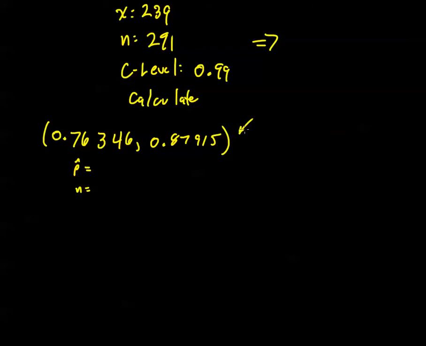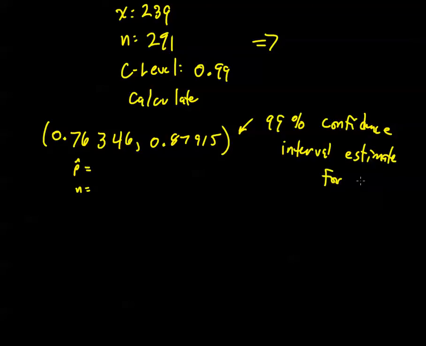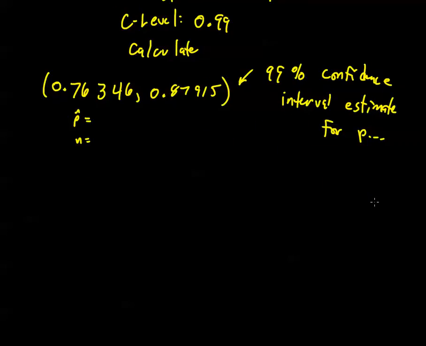This is my 99% confidence interval estimate for little p, where little p is our population proportion of boys for all parents of all time using this method.